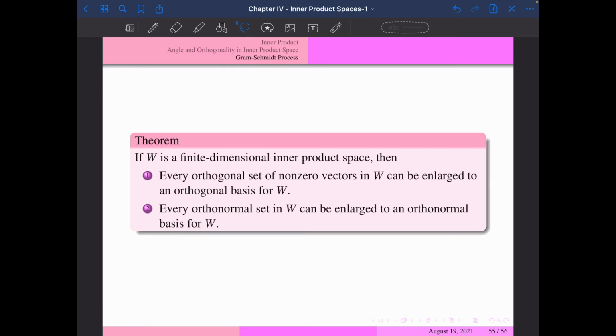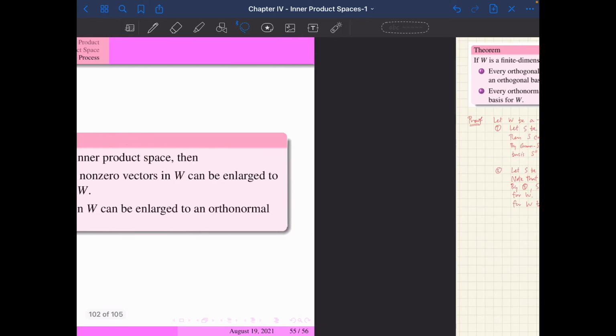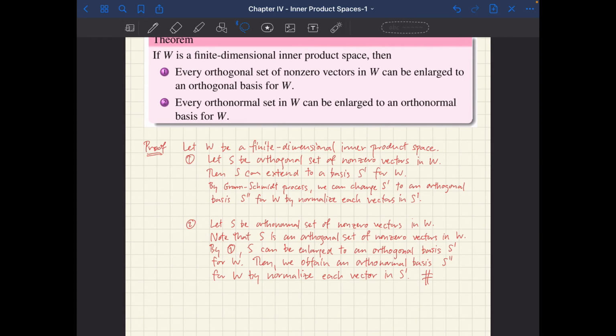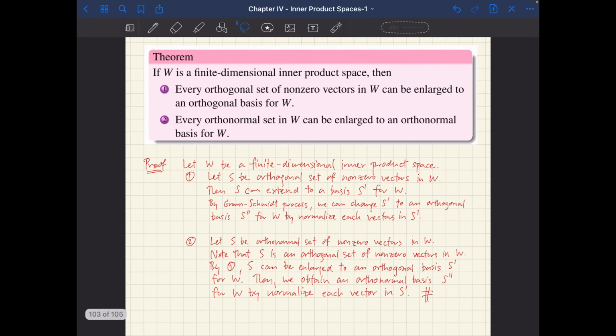Okay, so how to prove it? The proof is very easy. It's not hard. Okay, why? Because we will use the extension for the basis, in the version that we already learned in chapter 2. So for number one, if we let S be an orthogonal set of non-zero vectors in W, it means that S is linearly independent, and then S can be extended to a basis S prime for W. And we use the Gram-Schmidt process to change S prime to be an orthogonal basis S double prime.